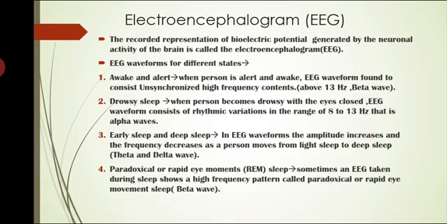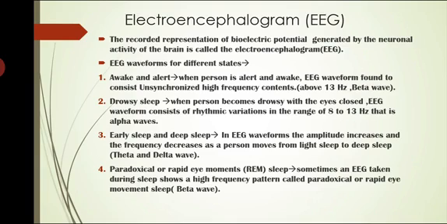Fourth state, paradoxical or rapid eye movement sleep, that is REM. Sometimes an EEG taken during sleep shows a high frequency pattern called paradoxical or rapid eye movement sleep. During this we get the same beta wave as in the awake or alert condition.